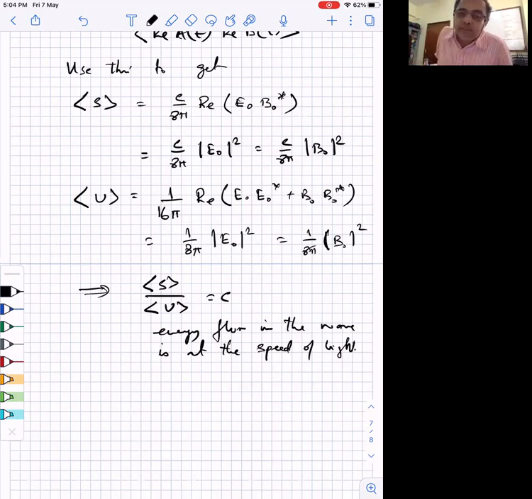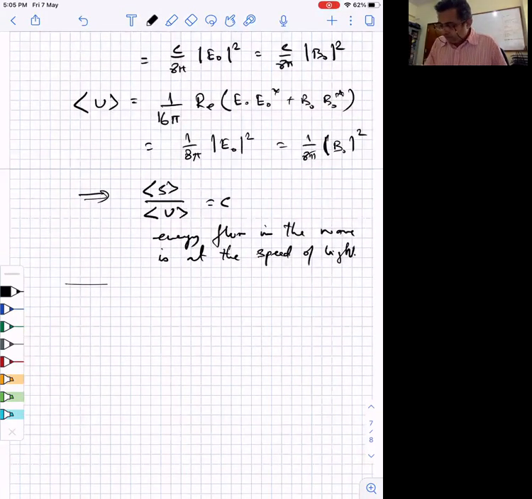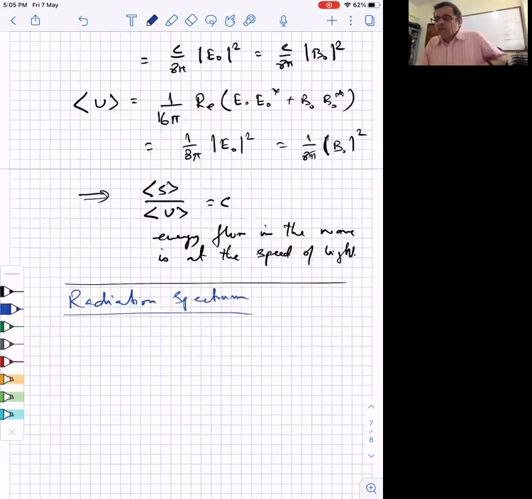If we have time, we'll do those things in detail. To understand those things, we need to have an idea of what we mean by radiation spectrum and how we want to tackle it. I'm going to say a lot of things over here about radiation spectrum, but it will be very basic.